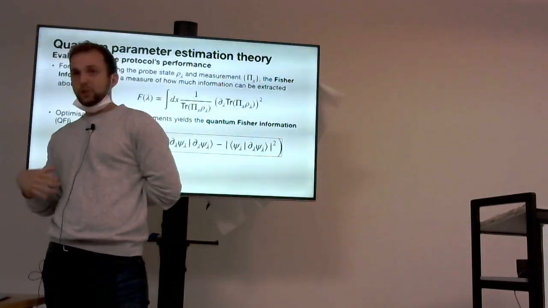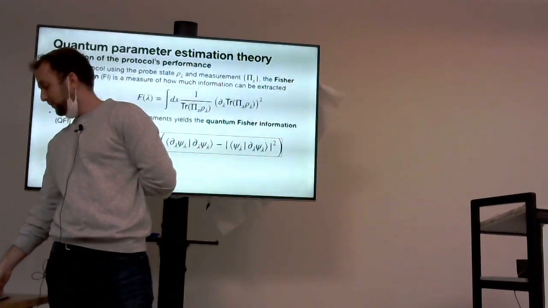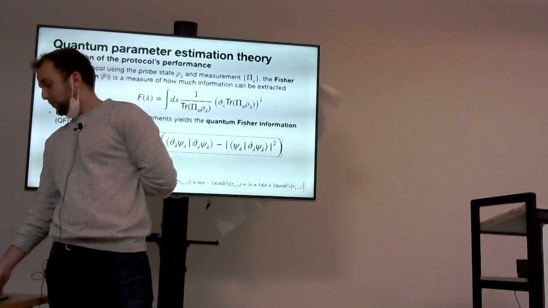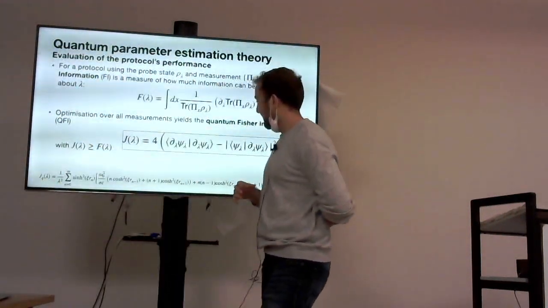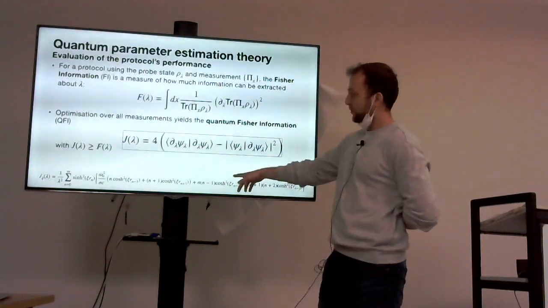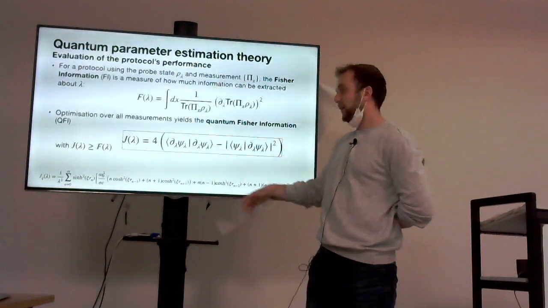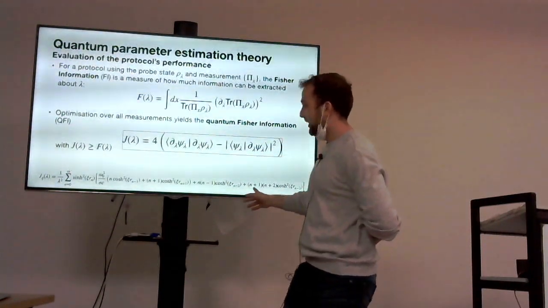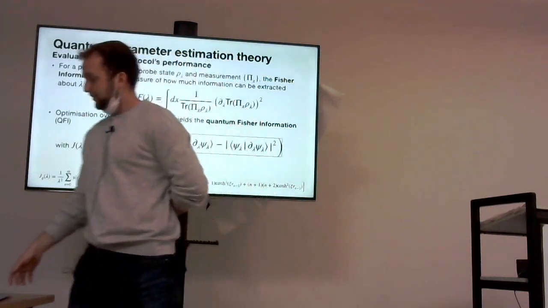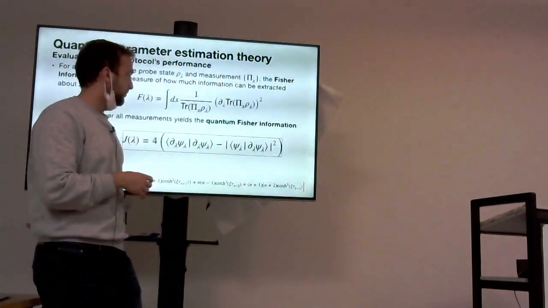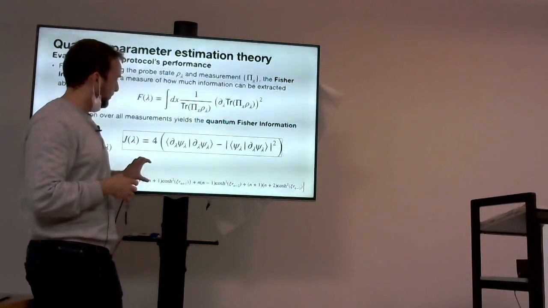But first, let us just talk about the optimal scenario. So we assume to have a quantum Fisher information. Here I just wanted to show you the result of the calculation. It's a pretty messy formula, and it's not so intuitive.